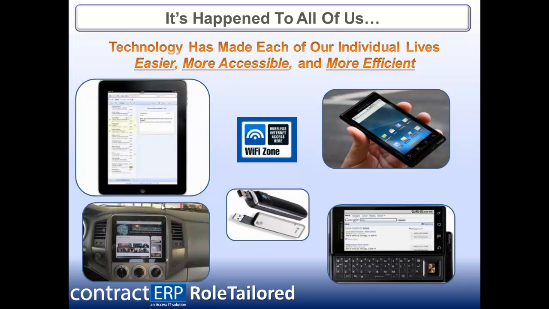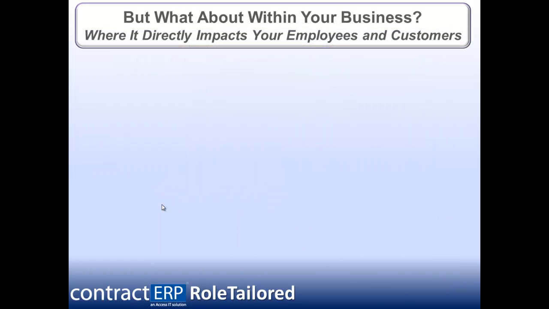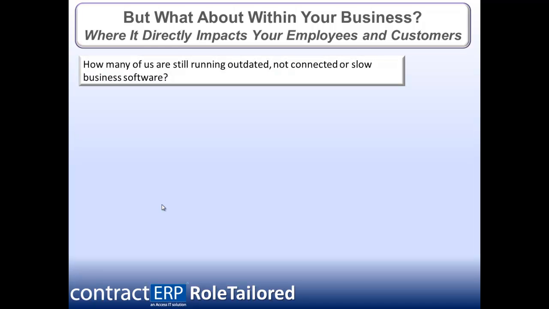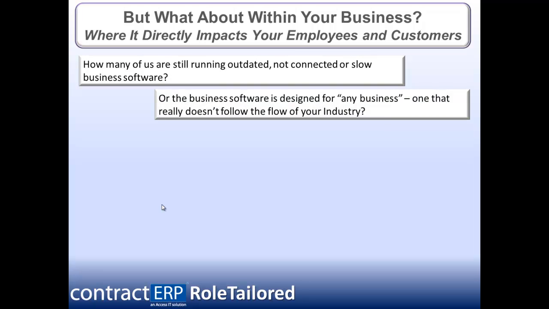What's most interesting and how it ties back to today's presentation is, what about your business? What about the business that obviously directly impacts your employees and customers and your bottom line? How many of us out there today are still running outdated software that might be slow or not connected, disparate systems? Or even worse, your business software is designed for any business, one that really doesn't understand the flow of our industry.